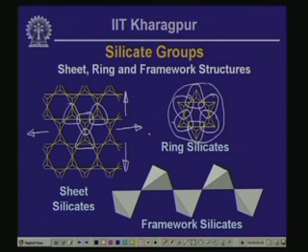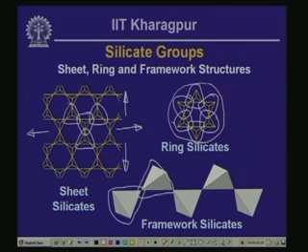In this case, you get tetrahedra combined with each other in a three-dimensional sense, and you have a solid formed out of a combination of silica tetrahedra in all three directions, instead of the two directions that we considered in the case of sheet silicates.